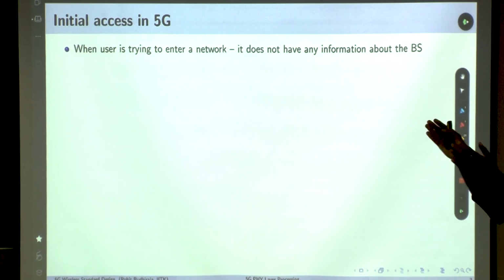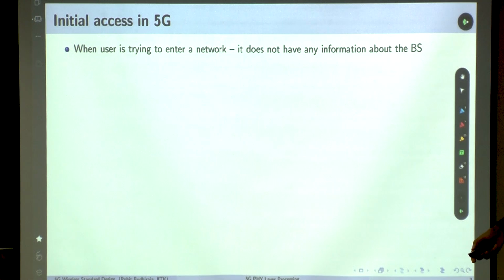So this is basically the problem we are talking about. What are we saying? The user does not have any information about the base station, not even the timing, and also other information, such as where the control information is being transmitted. All that information a user tries to get during the initial access.